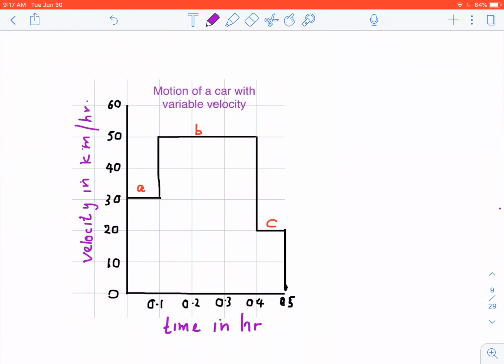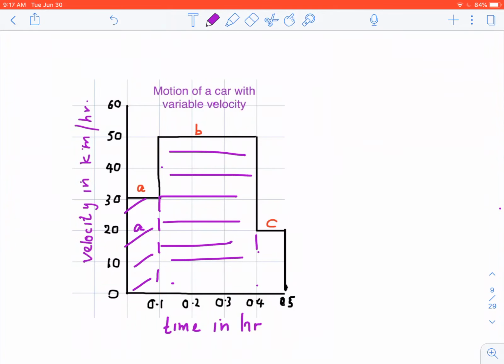So here we have this, and we want now the area underneath the graph. So let's say that is A. We want this area, and then we want that area, and then we want that area, and then we want this area.